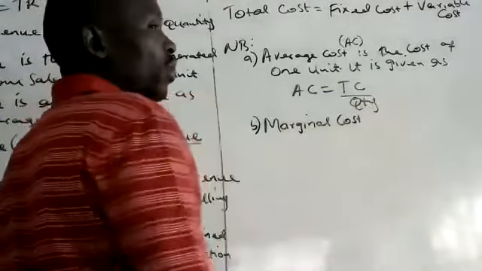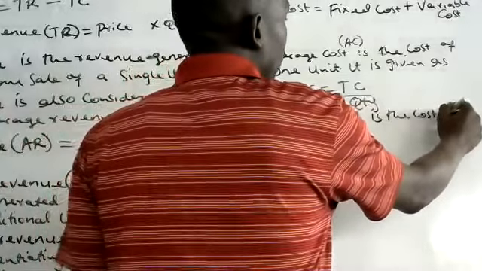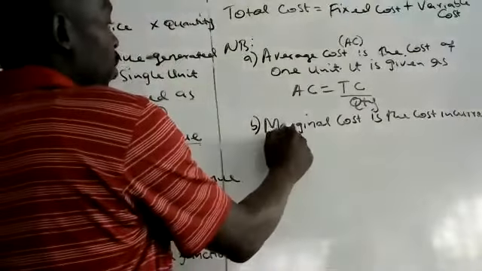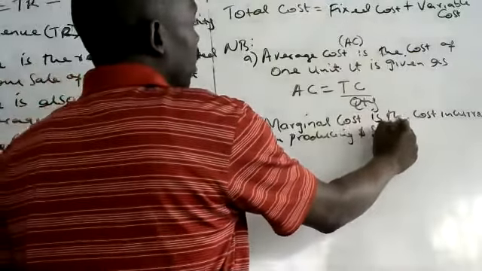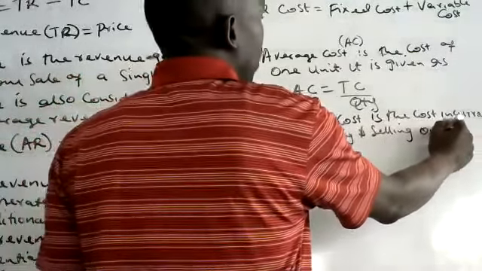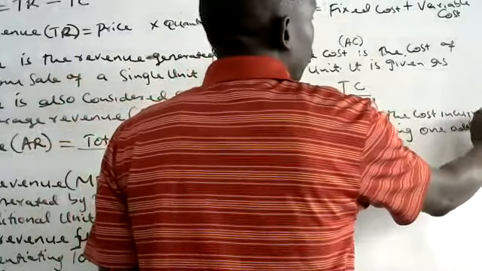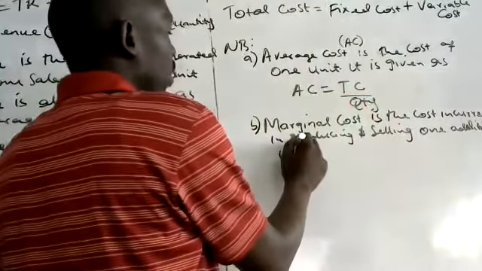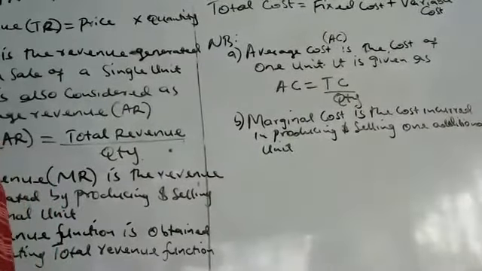The marginal cost is the cost incurred in producing and selling one additional unit. It's known as the marginal cost.